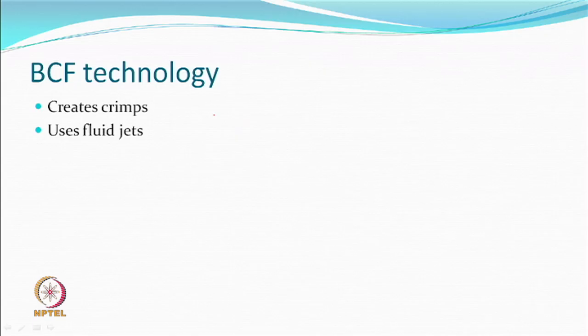BCF technology wants to create crimps and uses fluid jets, and therefore, the fluid jet part has come from the air jet, and the crimp, that means you hit the wall and bend, has come from the stuffer box, and so this has become more effective and popular.